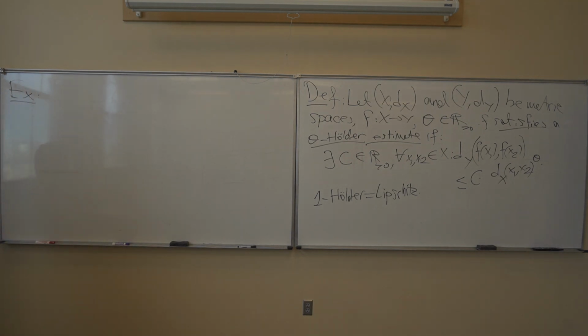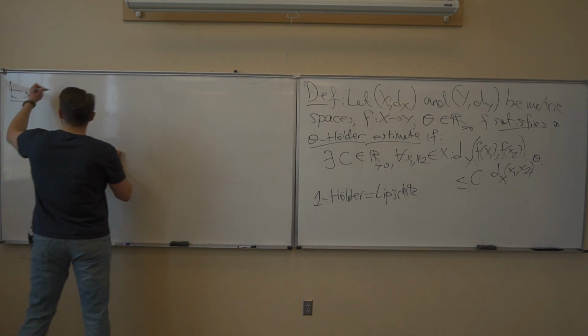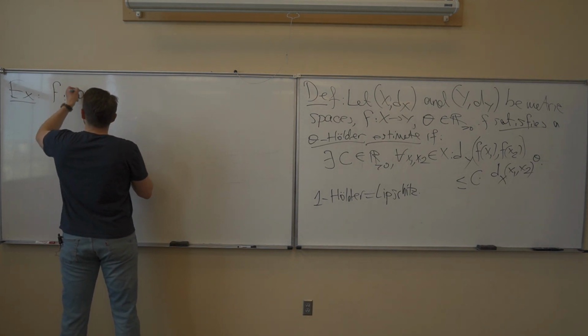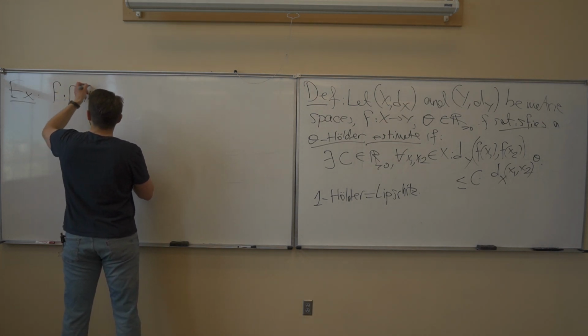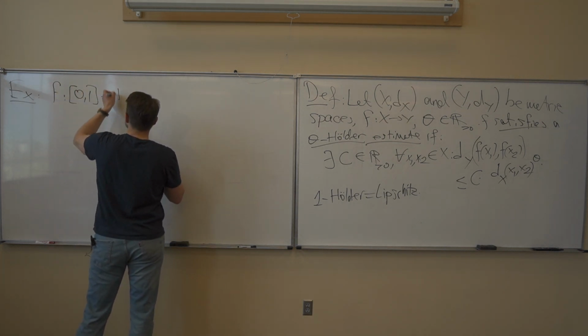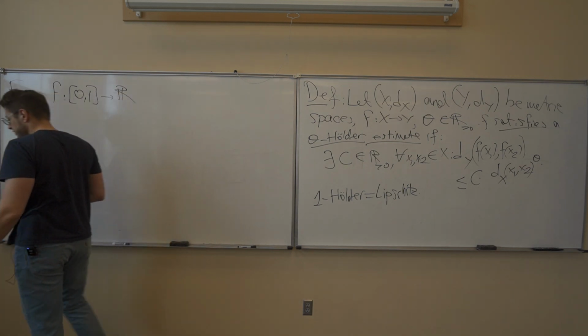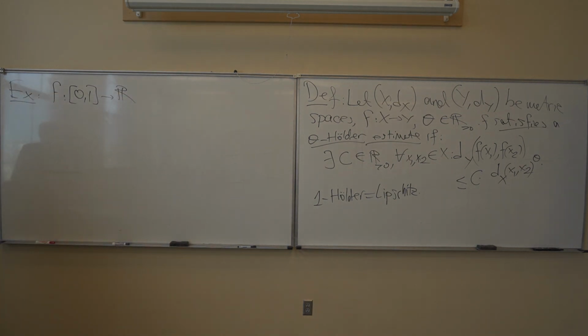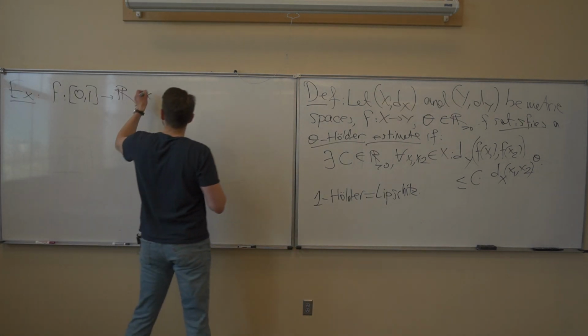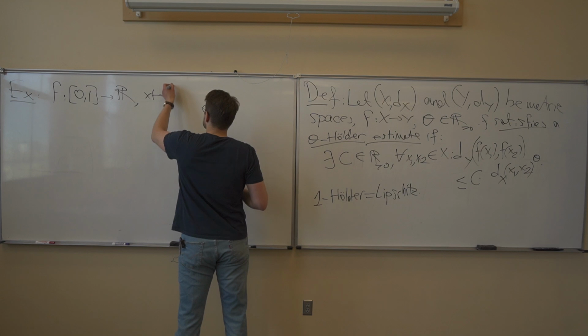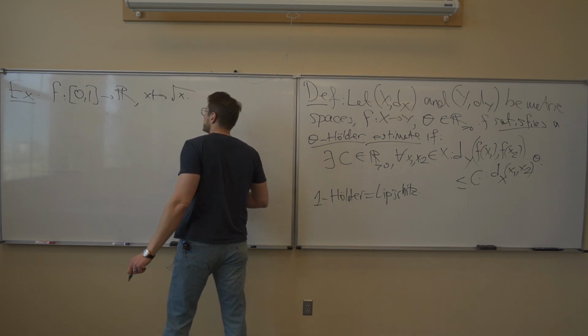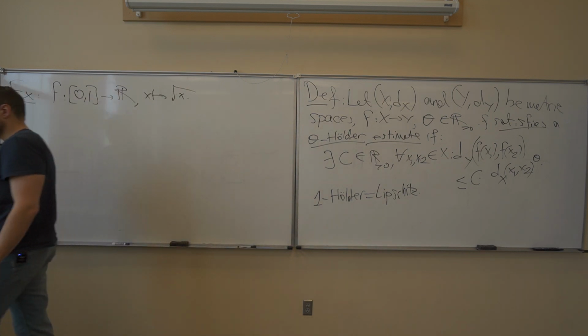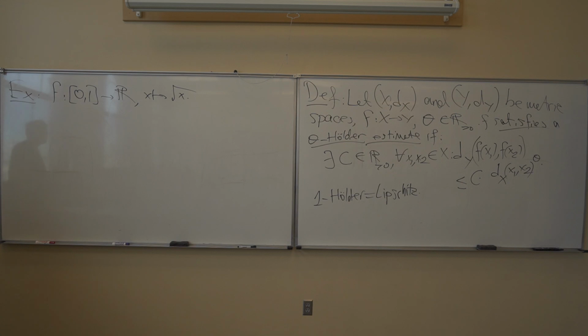Well, let's start easy perhaps. Let me let f be defined on the interval 0, 1, taking values in the reals. Well, let's let f of x be root x, square root of x. In other words, f is x to the power 1/2.